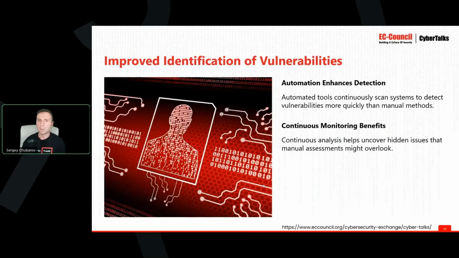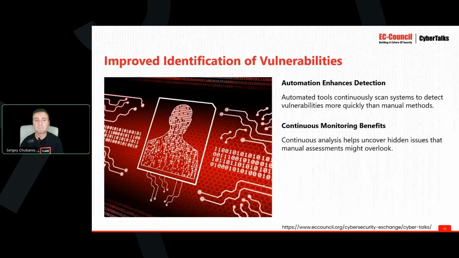Because if you do it manually, you will not place a human in front of the screen 24/7 just looking for when a new vulnerability pops up in the scan and then reacting to it. AI doesn't require you to sleep and eat and so forth.